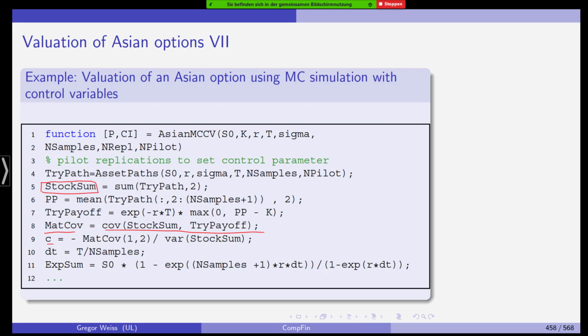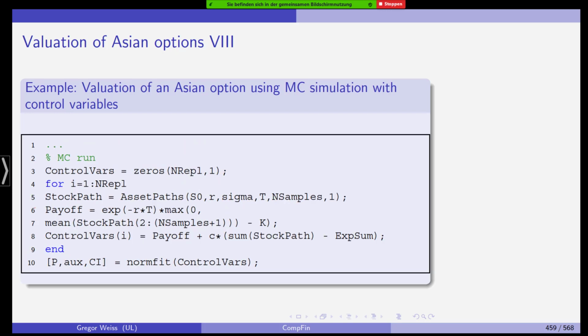We have to initialize dt and simulate another set of asset paths that we can use in the pricing of the option. And as you can see here now, control vars, that's the payoff X plus c times (Y minus mu), where mu is the expected value of our control variable.